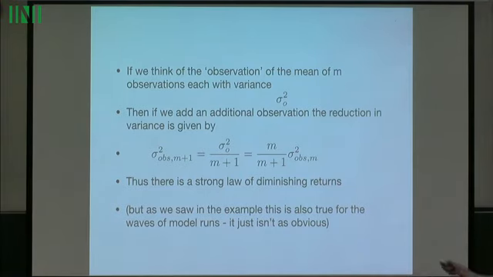We can calculate, if I add an extra point, how much that variance is going to decrease. And there's a diminishing return as you collect more points. The effect on the variance is smaller and smaller. So that implies as I go through the waves, an extra data point isn't going to be that much use.